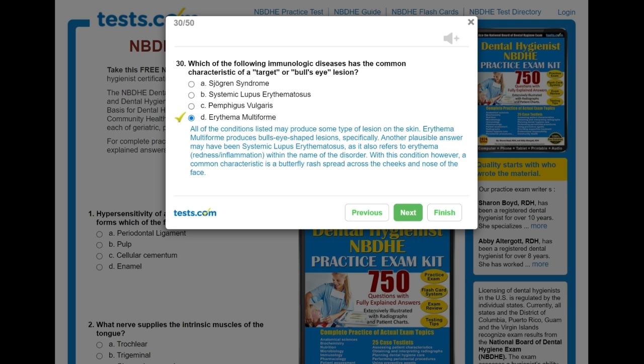All of the conditions listed may produce some type of lesion on the skin. Erythema multiforme produces bullseye-shaped lesions specifically. Another plausible answer may have been systemic lupus erythematosus, as it also refers to erythema, redness, inflammation, within the name of the disorder. With this condition, however, a common characteristic is a butterfly rash spread across the cheeks and nose of the face.